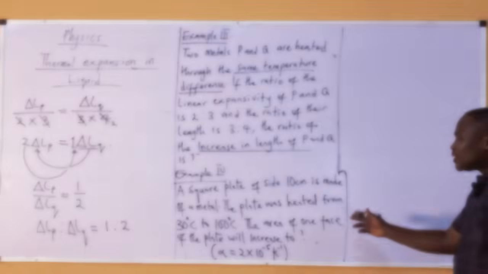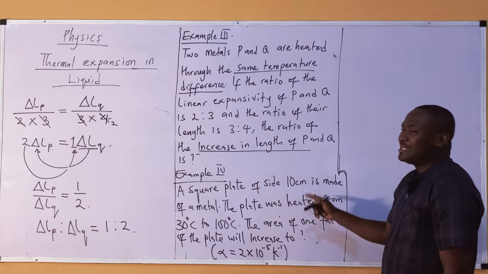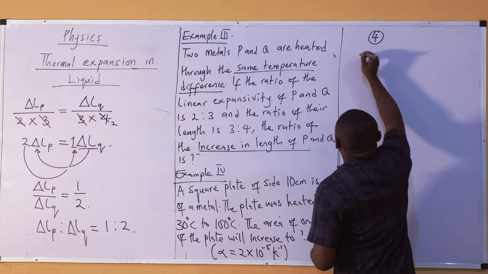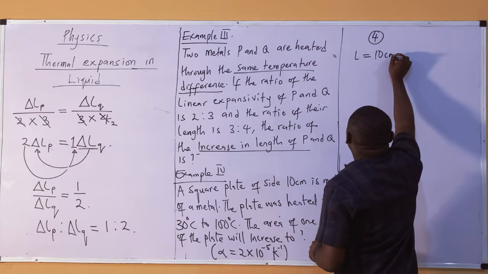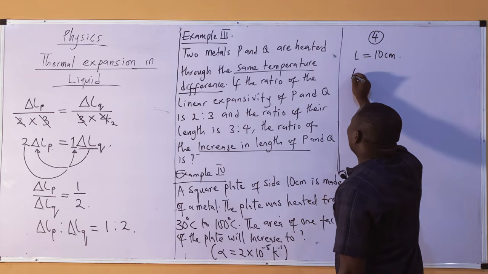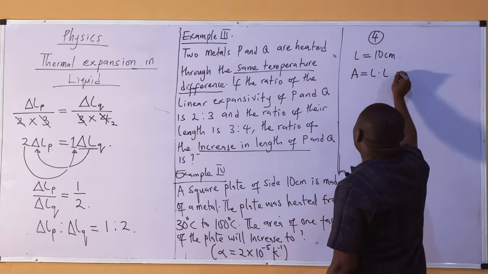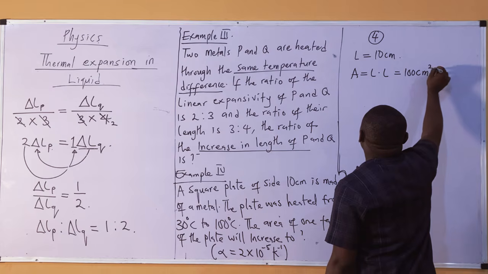Now let's look at question number 4. It says a square plate of side 10 centimeter, meaning they give us the length. We are solving question 4. The length is 10 centimeter. If length is 10 centimeter, what is area? Area is length times length, which equals 100 centimeters square.